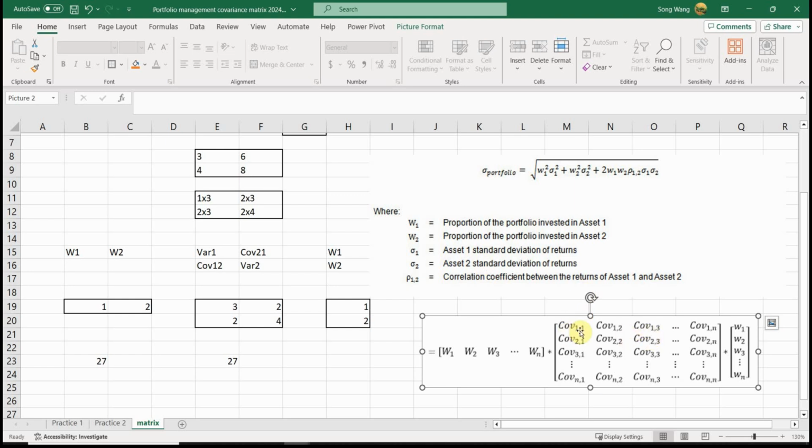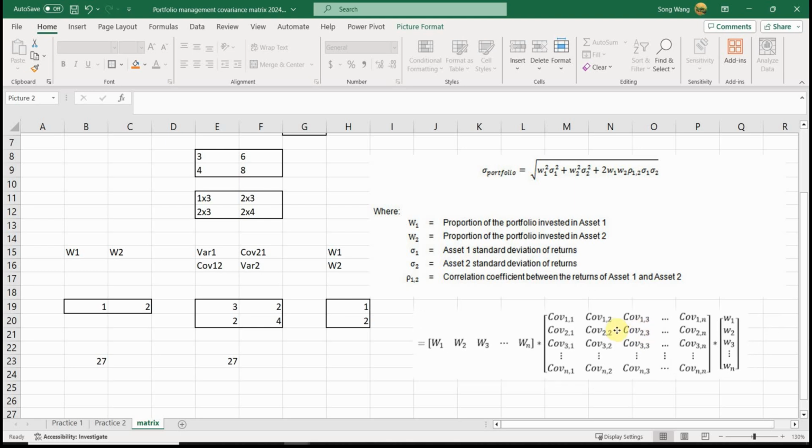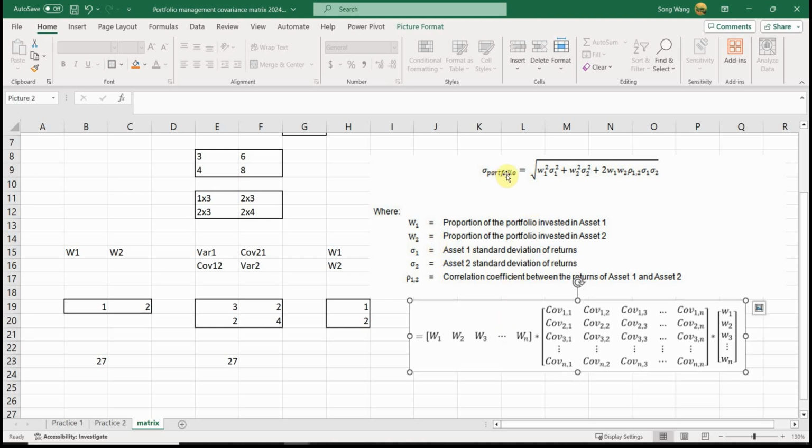You see the covariance between stock 1 and itself is the variance for 1, and the covariance between stock 2 and itself is the variance for 2, so on and so forth. And the covariance between 2 and 1, and the covariance between 1 and 2, they are the same, so they have the same numbers if they are cross diagonal. So that's the basic underlying theory to calculate the portfolio standard deviation or variance when you have so many stocks.